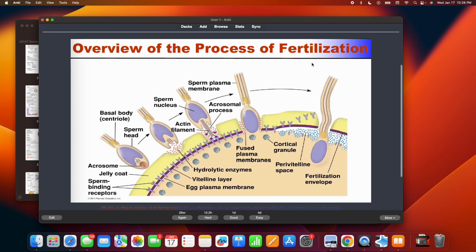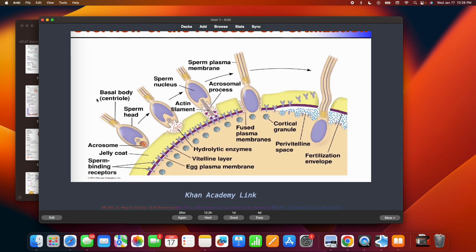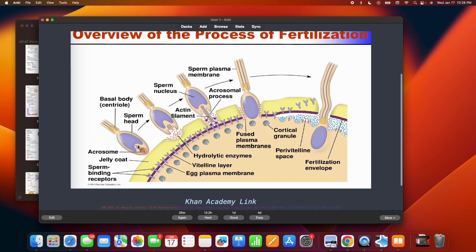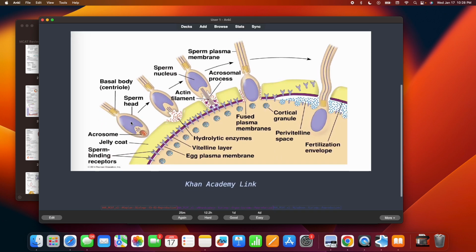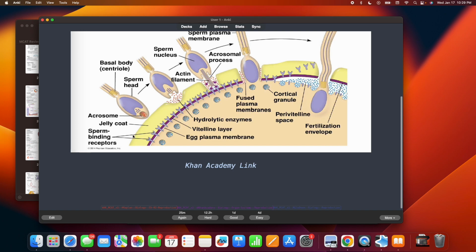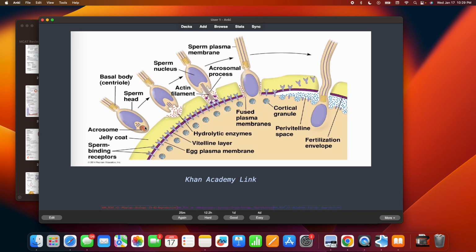Overview of the process of fertilization. So we have the sperm head here, basal body, centriole. We have acrosome, so sperm binding, and then acrosome reaction. So we have the sperm binding jelly coat, sperm binding receptors.